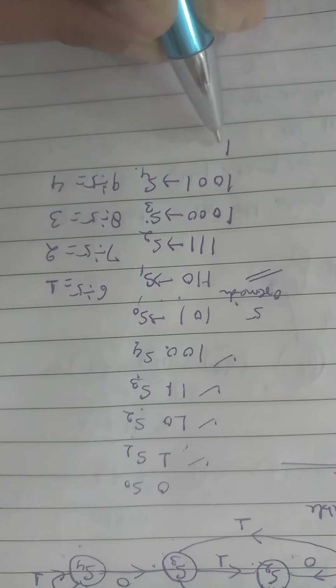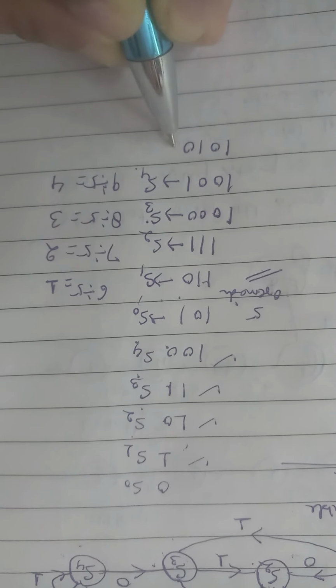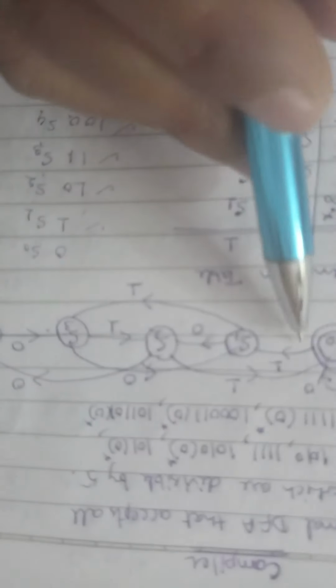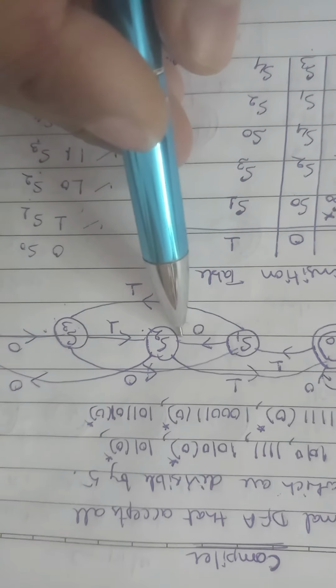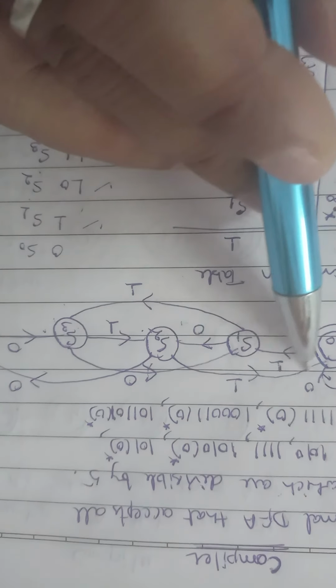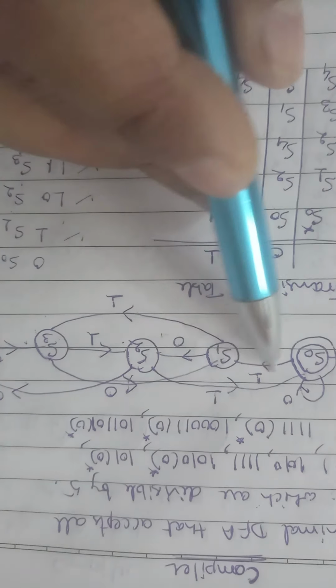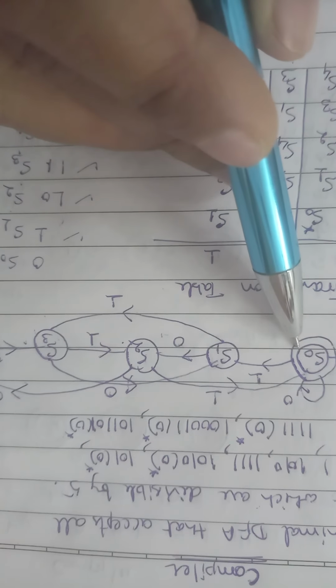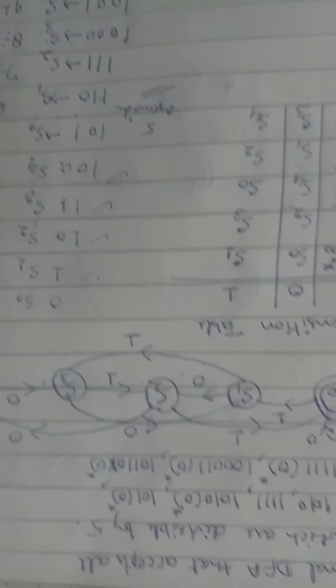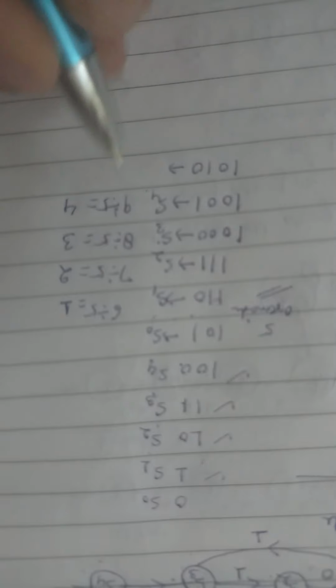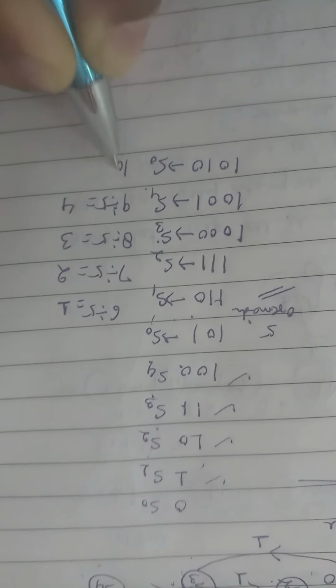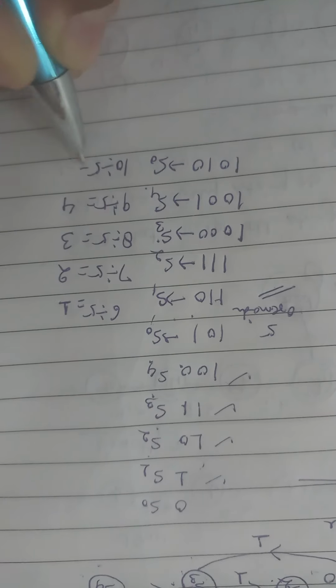So if we move to the next, if we have 1 0 1 0, then where are we reaching? 1 0 1 0. We are reaching on S0 only. So that is 10. 10 is exactly divisible by 5.